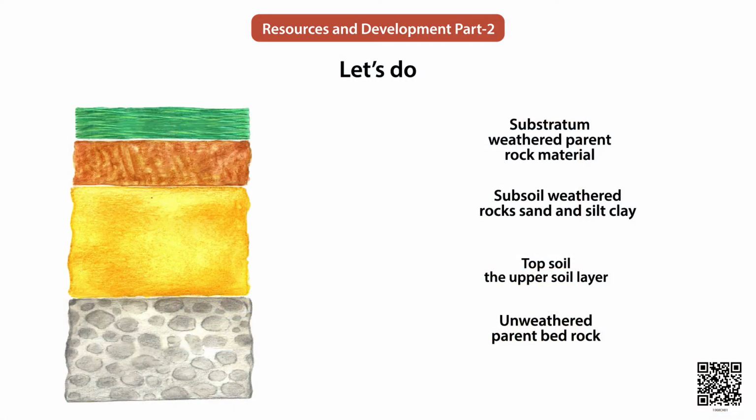Now, let's try to do this. You can see the names of different layers of soil profile. We will place the name of layer at the right place in the diagram. First of all, unweathered parent bedrock.